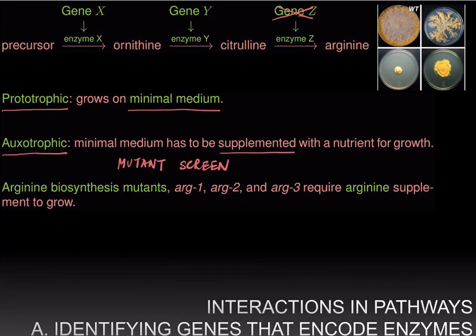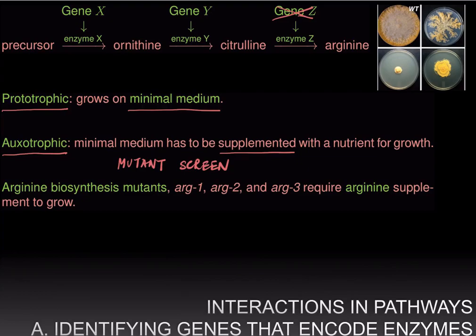And if a particular strain is not able to grow on minimal medium, but is able to grow when supplemented with some molecule, then you know that one of the genes involved in the biosynthesis of that particular molecule has been mutated in that mutant.